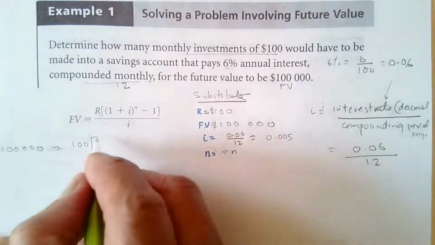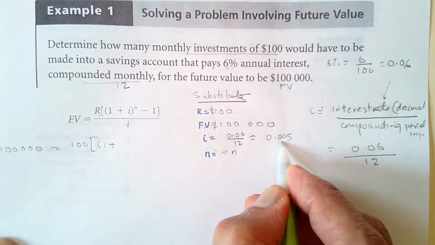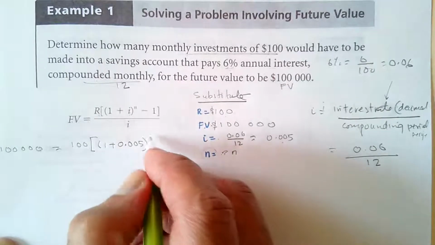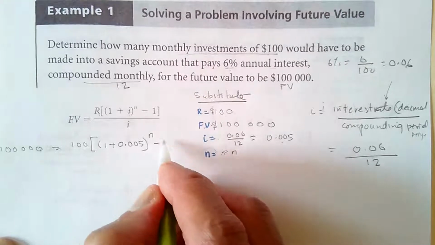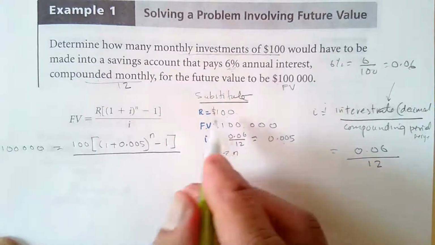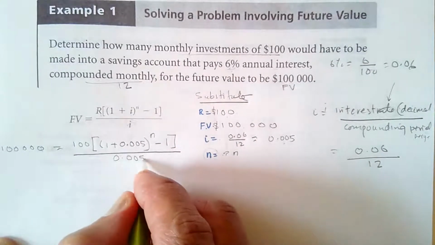Put a square bracket: you have 1 plus your i, which is 0.005, to the power n, which we don't know, minus 1, divided by your i, which is 0.005.